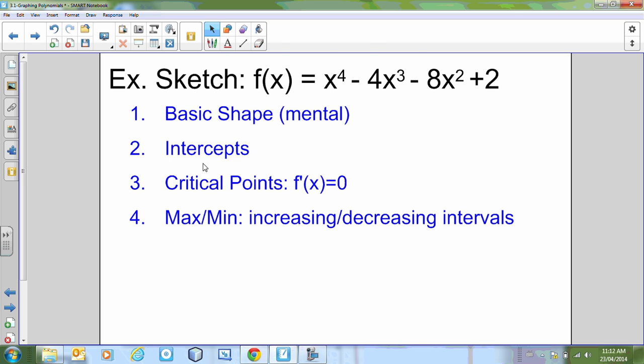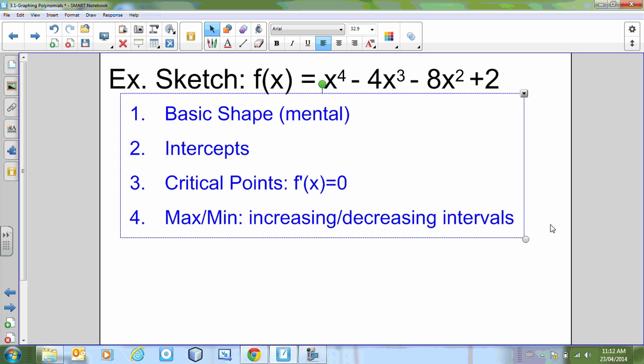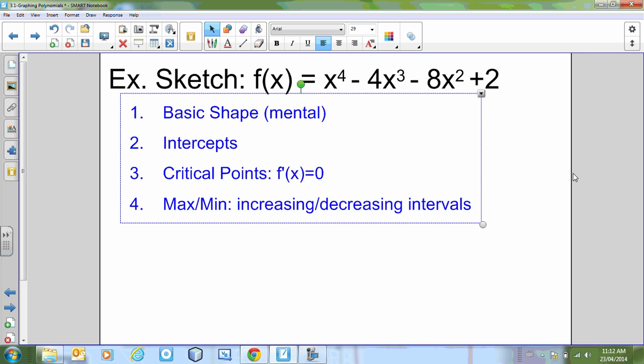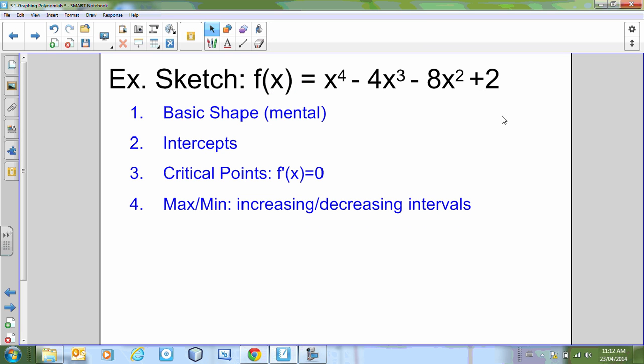So this is sort of the steps that I intend to take. Given the fact that this is my starting equation, I have to sketch it. I want to have a basic idea of the mental idea of the basic shape. It's a 4th power, so a quartic expression. The value out front is not negative, sorry, it's positive.